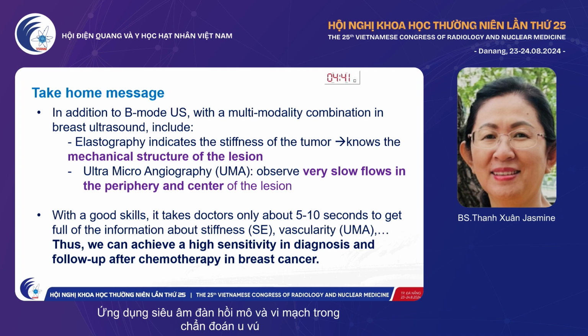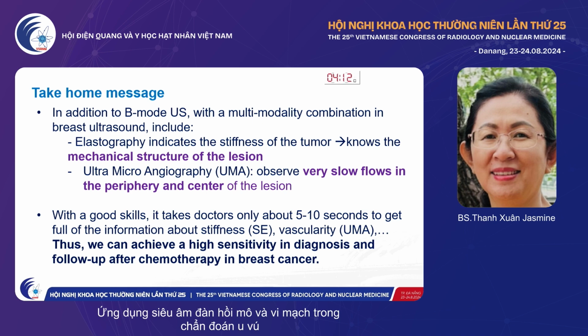Now, in conclusion, the take-home message. In addition to B-mode ultrasound, with a multimodality combination in breast ultrasound, we include elastography, which indicates the stiffness of the tumor, so we can know the mechanical structure of the lesion. And if we combine ultrasound microangiography, we can observe very slow flow in the periphery and center of the lesion.